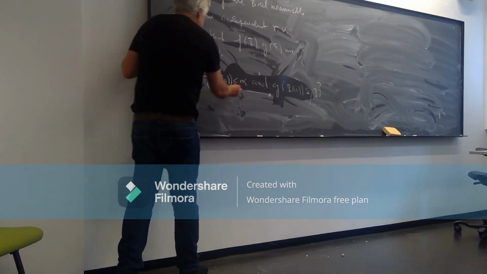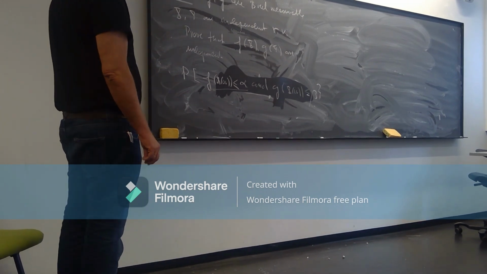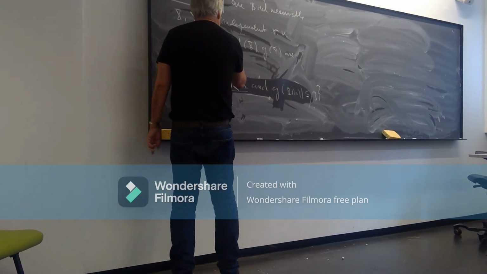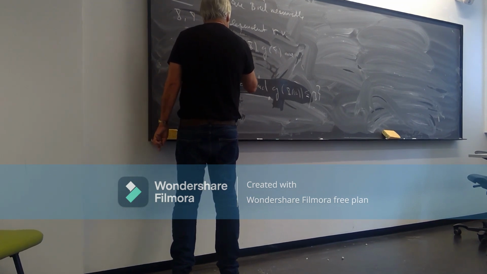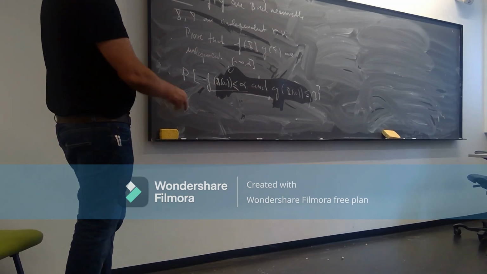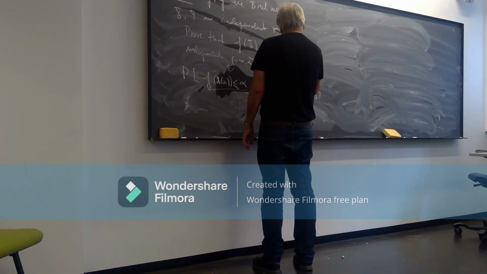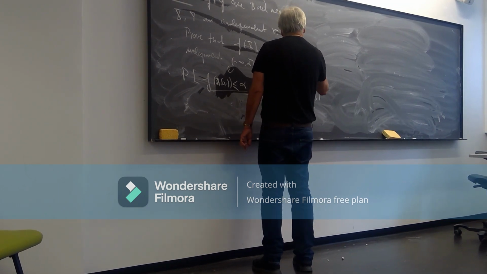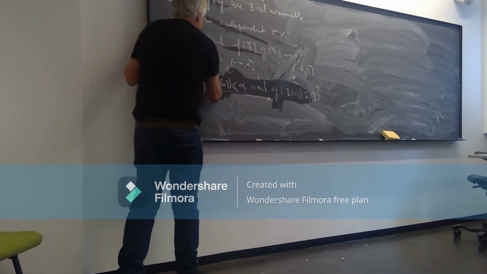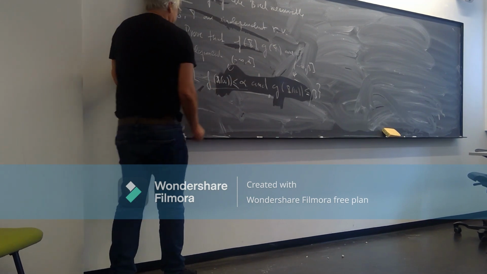So what does it take for f to be in here? I mean, this is the same as f being in the interval from minus infinity to alpha. That is the same as that value being less than alpha. And similarly, this one is the same as being in the interval from minus infinity to beta. But f being in this set is the same as x being in the inverse image of that set.